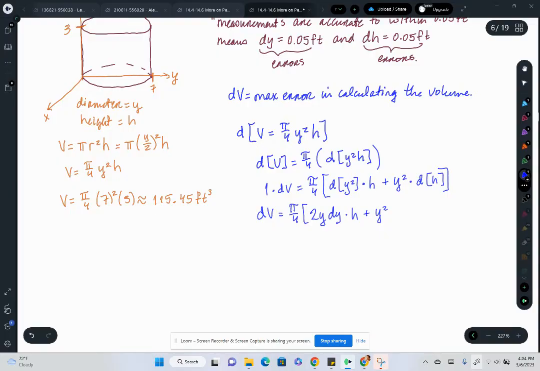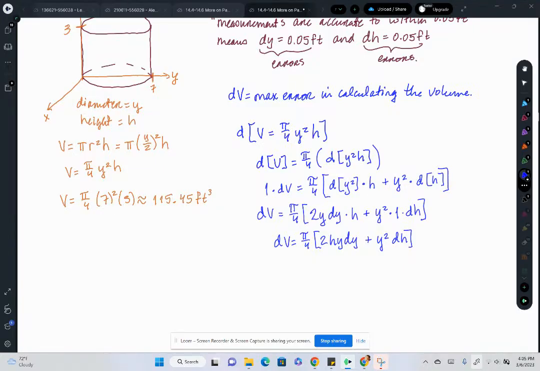Now, little d is going to act upon h. When little d takes a derivative of h, a linear term, the derivative is 1. But we need that dh in there in order to know what variable was being dealt with. All right, one more step to clean up. We have dv is equal to pi over 4 times 2hy dy plus y squared dh.